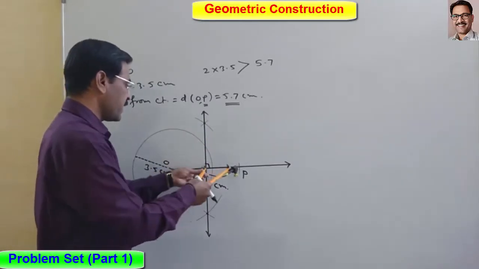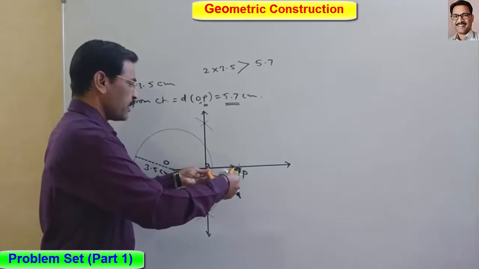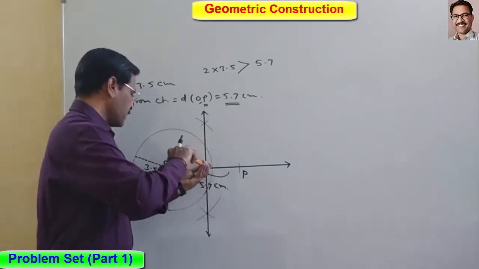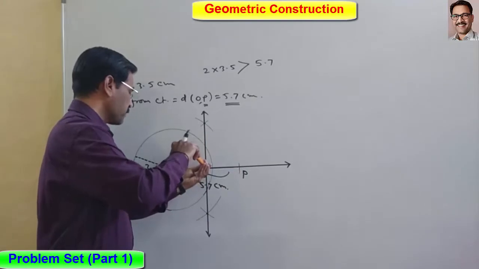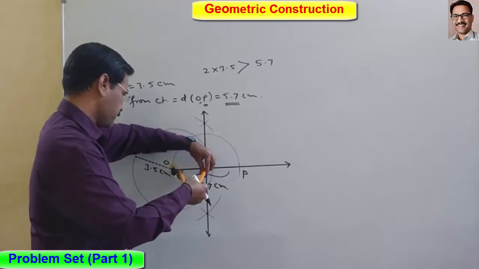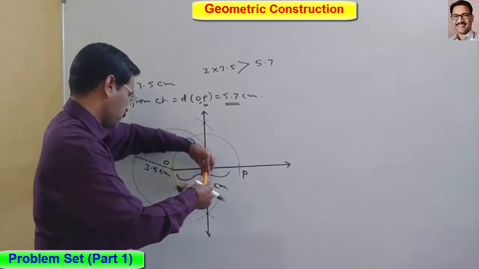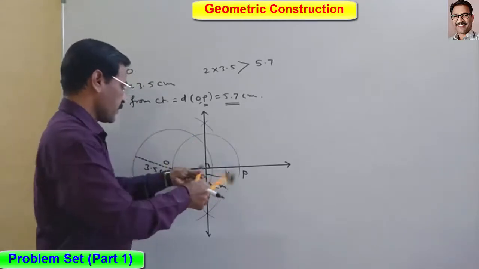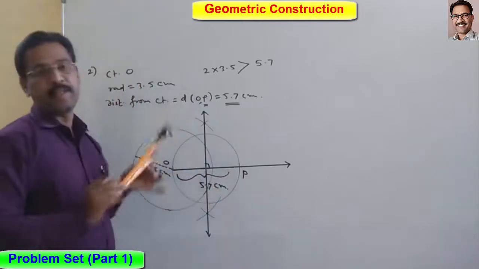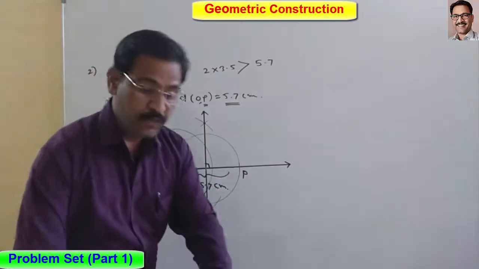Try to verify whether it is passing through P or not. Yes, definitely. So try to draw the circle very carefully. Okay, this is the circle.